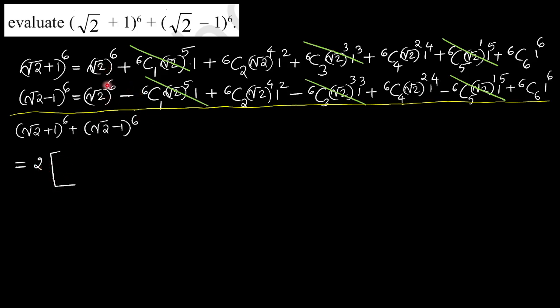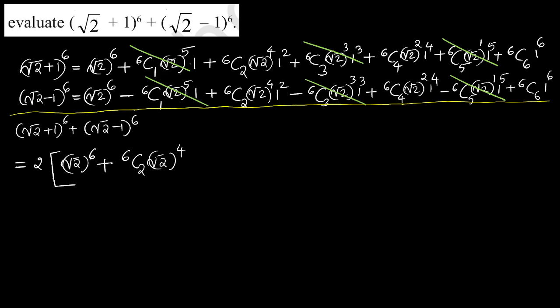2 is common. So root 2 raised to 6 plus root 2 raised to 6, 2 times root 2 raised to 6. 2 is taken out. 6C2 root 2 raised to 4, 1 square will be 1, I don't care. 6C2 root 2 raised to 4 plus 6C2 root 2 raised to 4, 2 times 6C2 root 2 raised to 4.